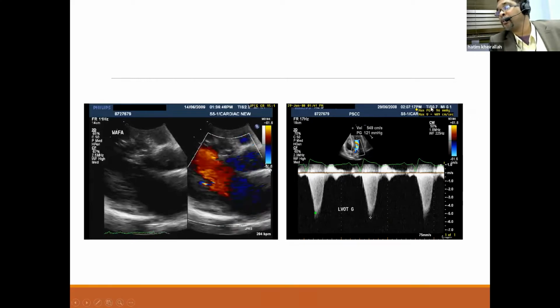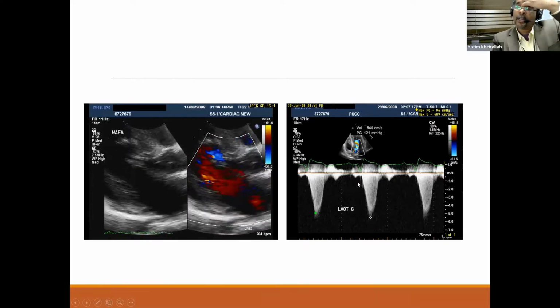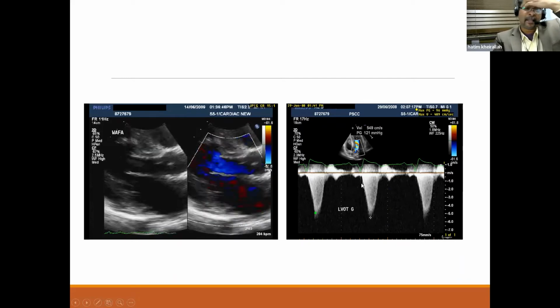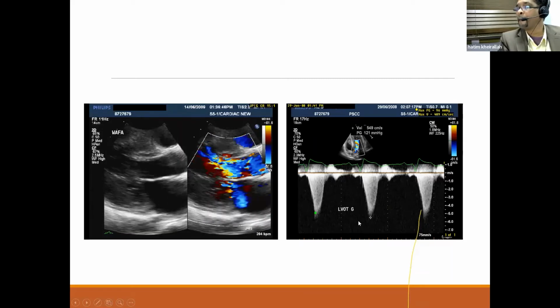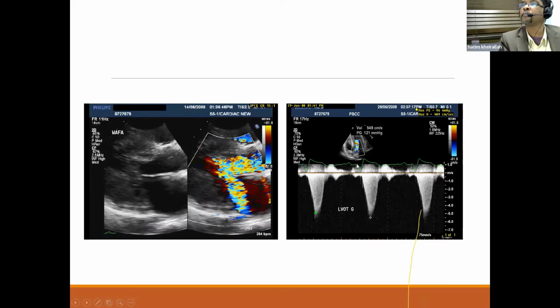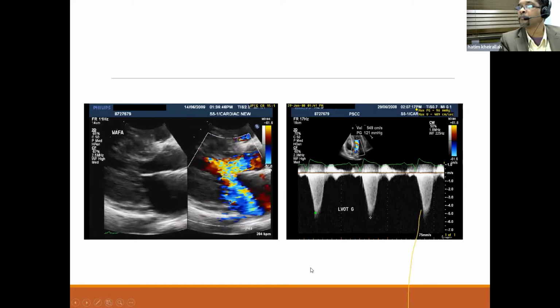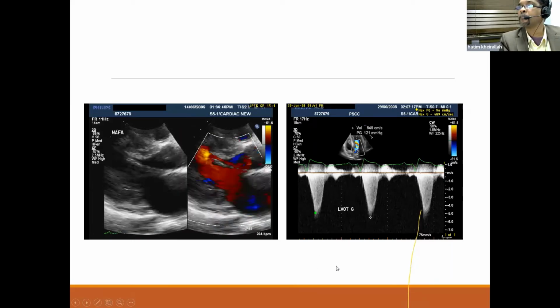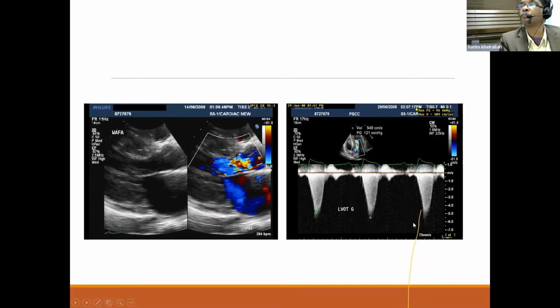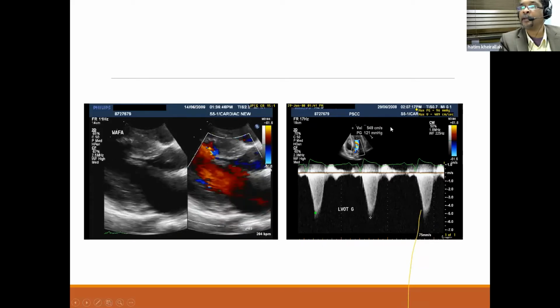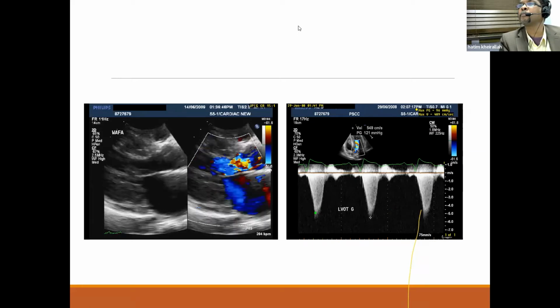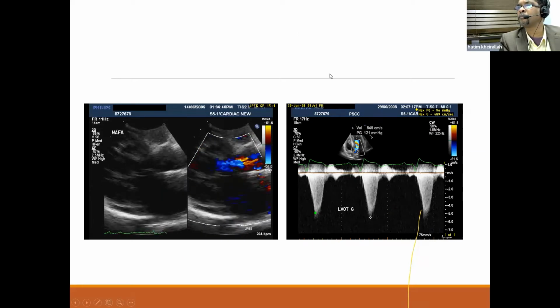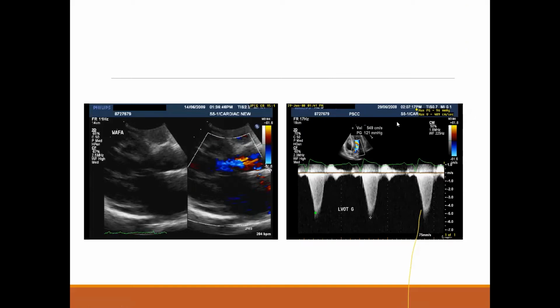Now I want somebody to describe what they are seeing on this right image. So what are we seeing here? Anybody? Okay, the systolic gradient.